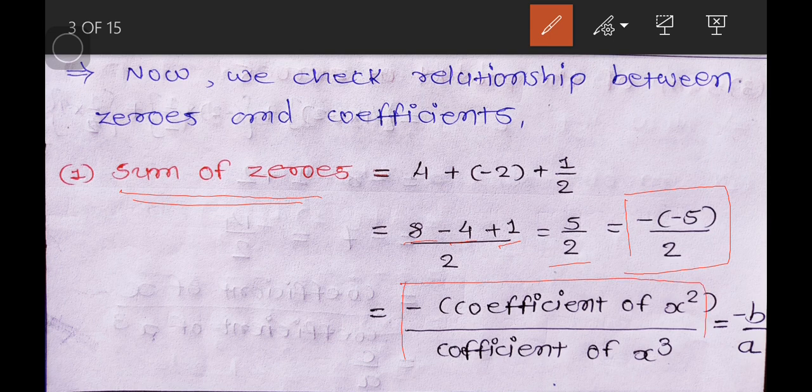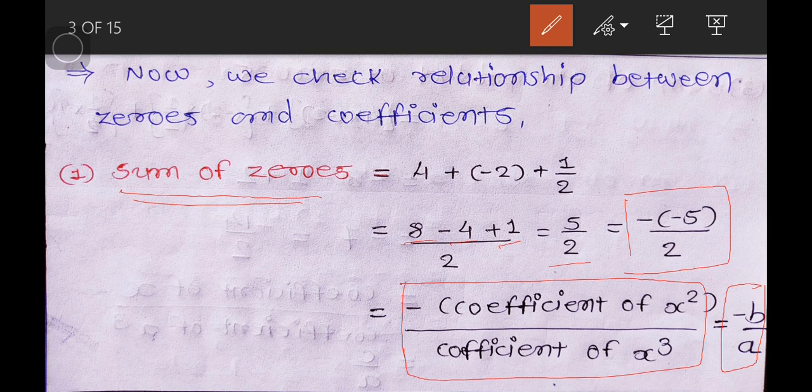If the coefficient of x square is b and the coefficient of x cube is a, then the sum of zeros is equal to minus b by a, where b is the coefficient of x square and a is the coefficient of x cube.